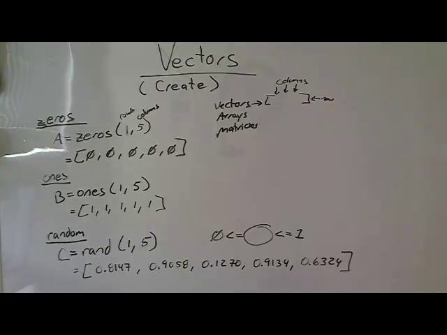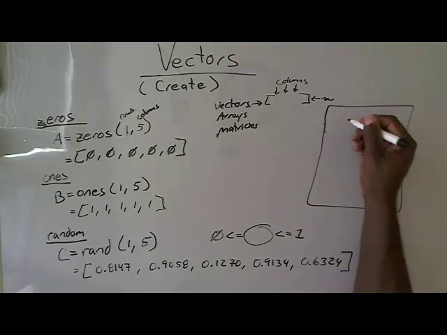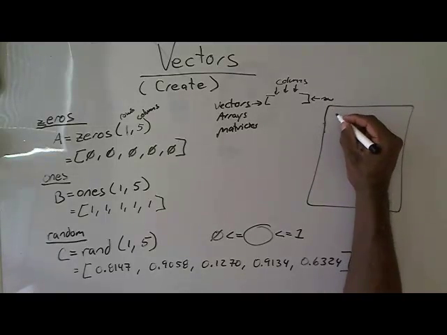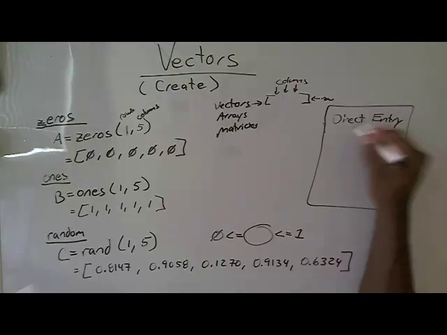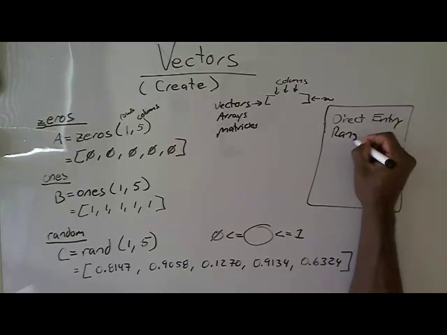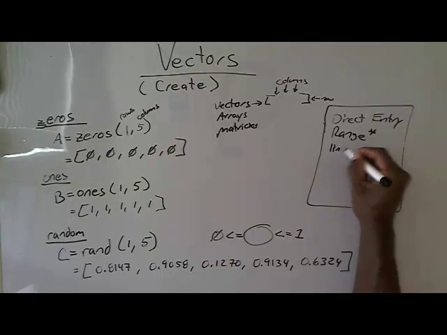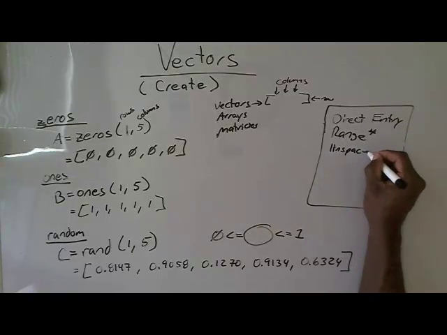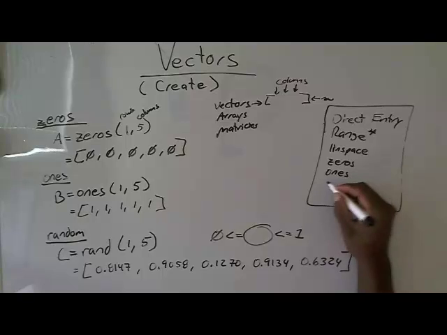So let's recap again. There are 6 ways that we talked about creating a vector. We have direct entry, we have range, which once again is going to be extremely important as we go forward, we have Linspace, and then we have zeros, ones, and this random operator.